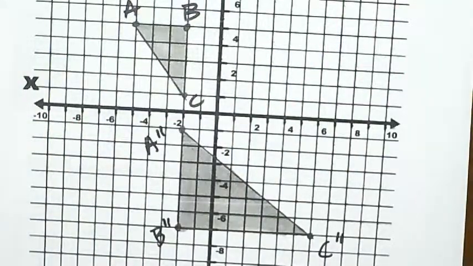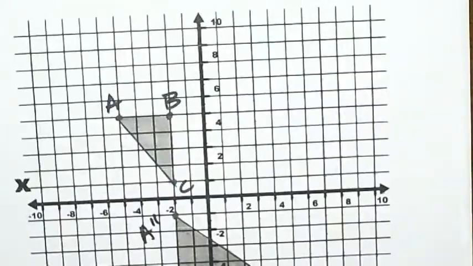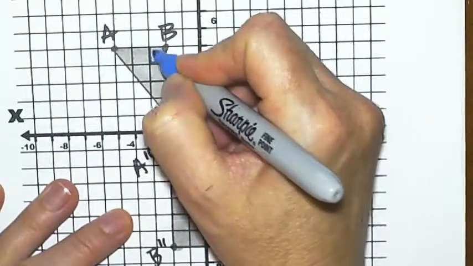So, get a marker. Let's put this underneath. Okay, so we are not making an assumption if it's on the coordinate plane that this is a 90-degree angle.